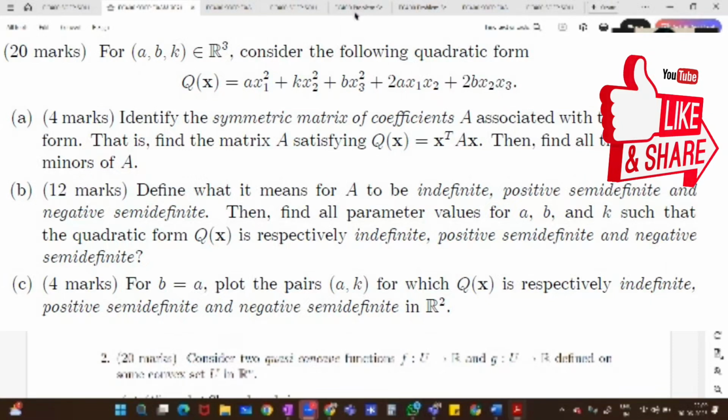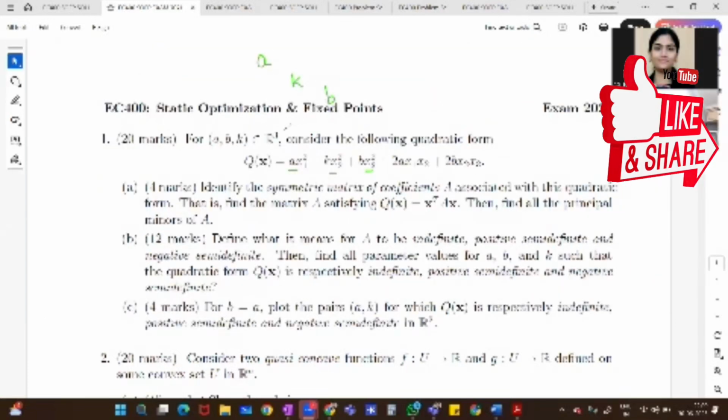There are three principal coefficients, A, K, B. They go here in the diagonal. Then you get x1x2 here, half of this coefficient, so that is A. Then you have x2x3, half of this.